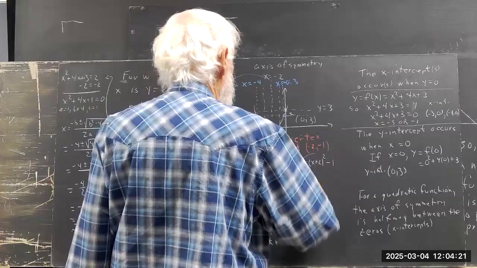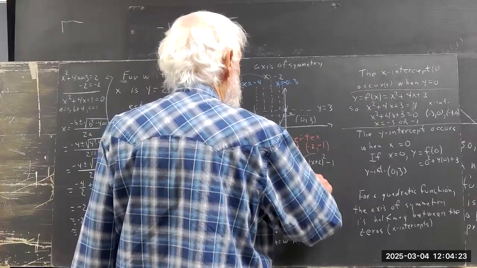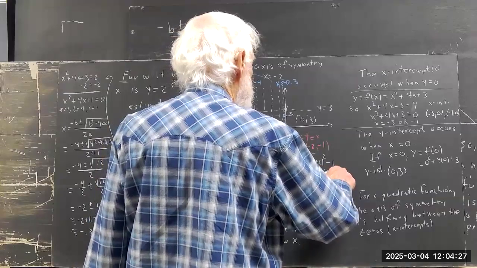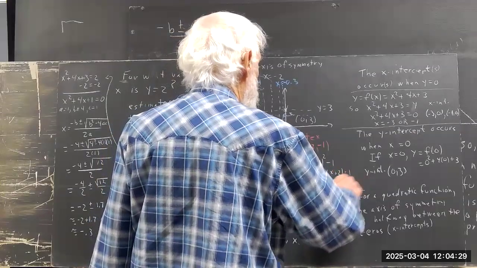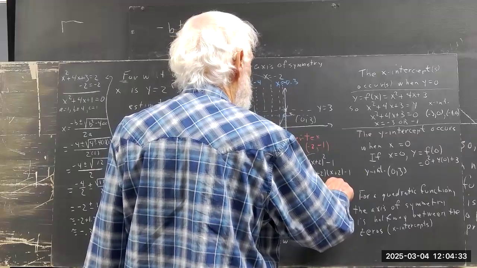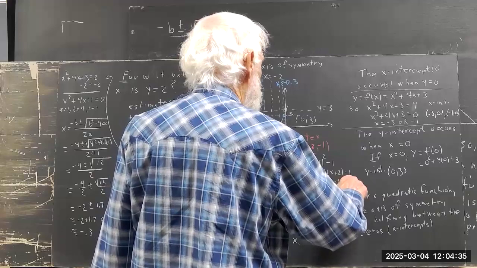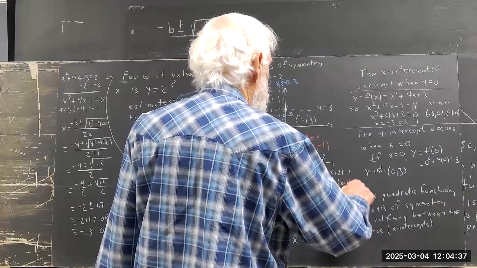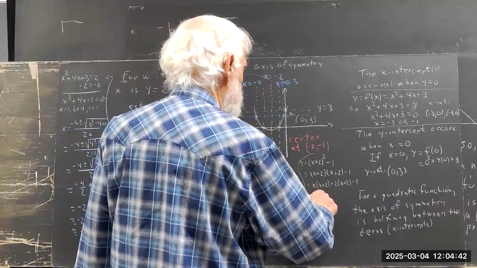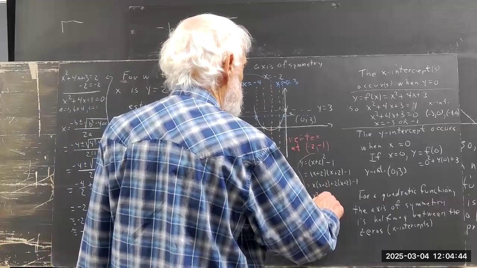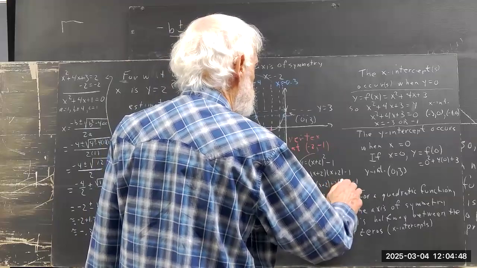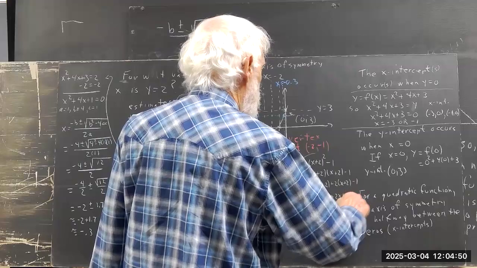We'll talk about why that is later, but if you square this, you're going to get (x plus 2) times (x plus 2) minus 1, which is x times x plus 2 times x plus 2 minus 1. x times x gives x squared, x times 2 gives us 2x. 2 times x is another 2x. 2 times 2 is 4 minus 1.